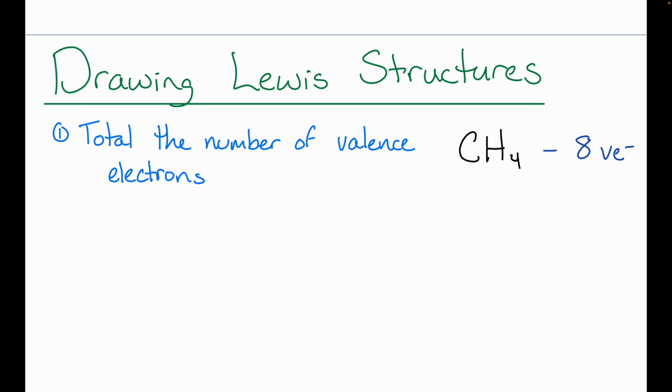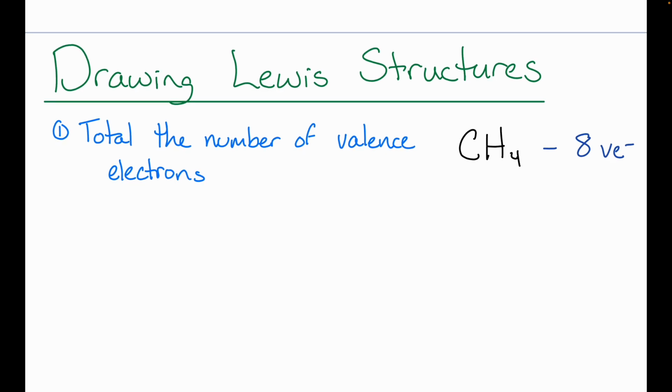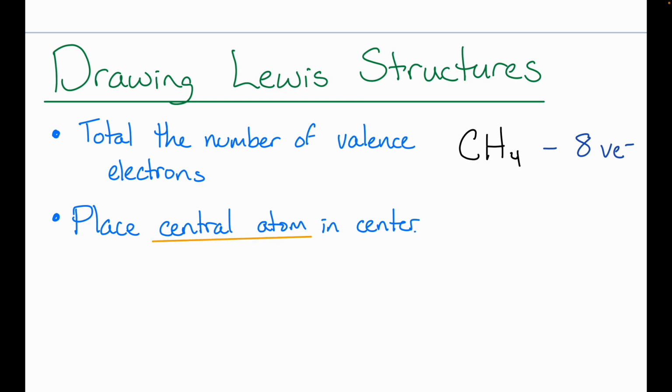All right. So now we're going to place our central atom in the middle of this Lewis structure. All right, and importantly, which one of these is going to be my central atom?